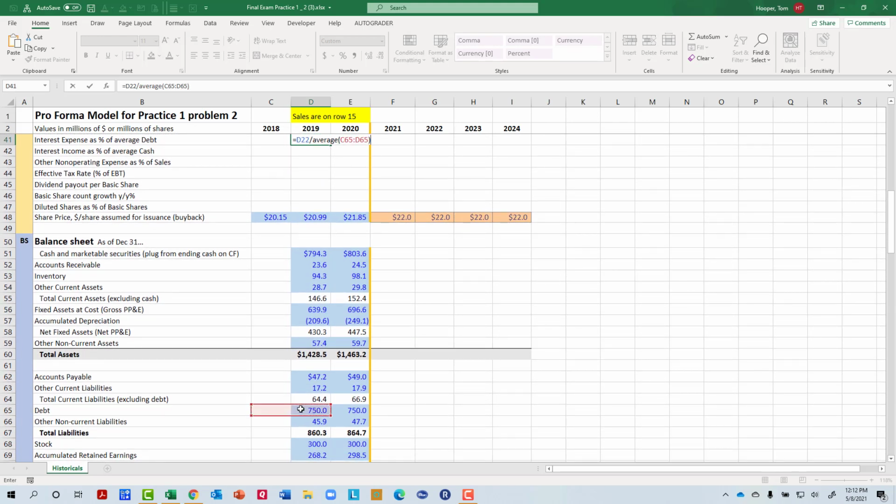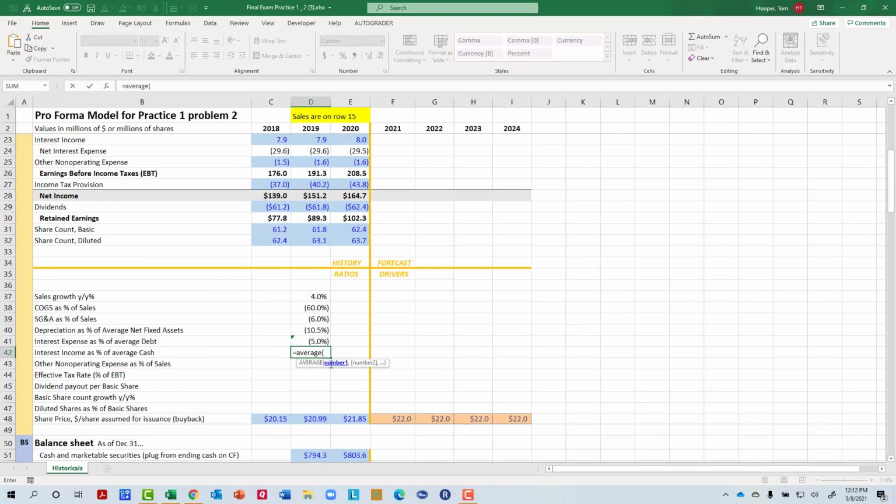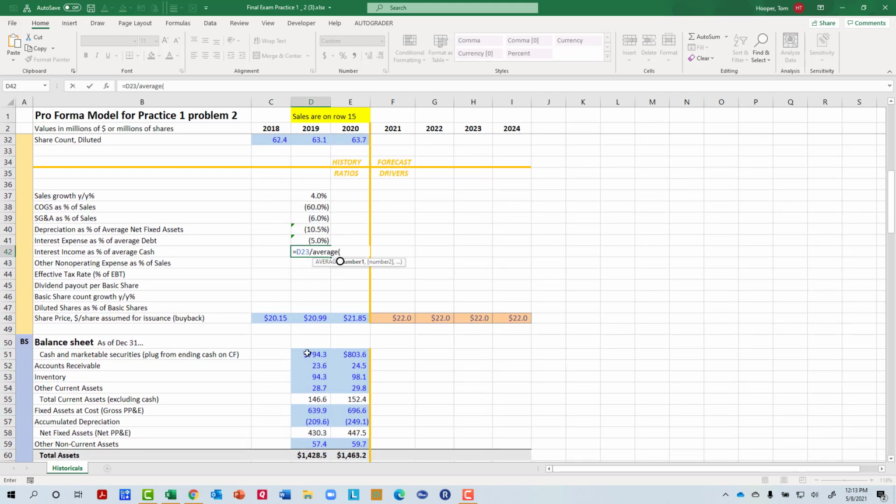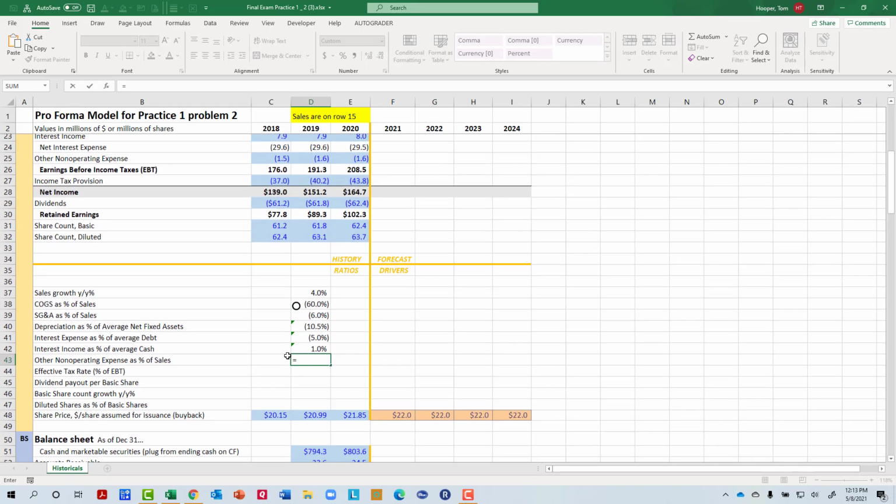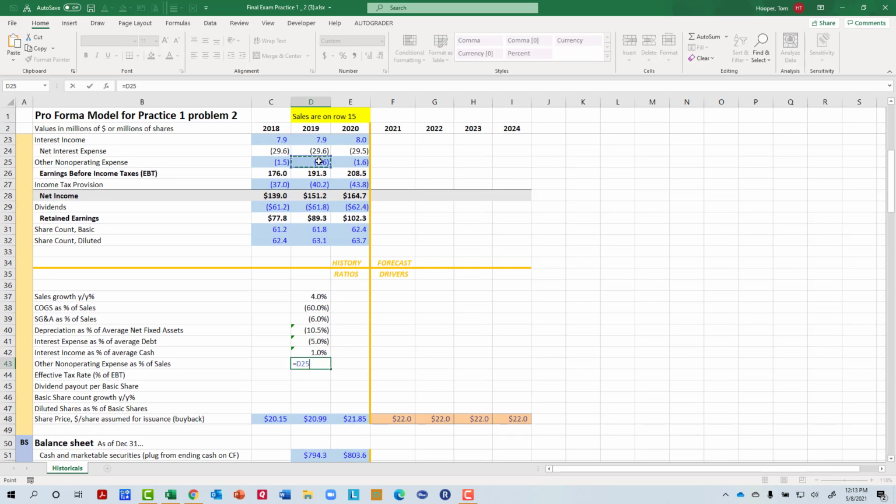It'll just mess up our ratio slightly in the first year, but it will work fine after that. So the interest income over the average cash gives us a ratio, and the non-operating expenses over D15 gives us a ratio.